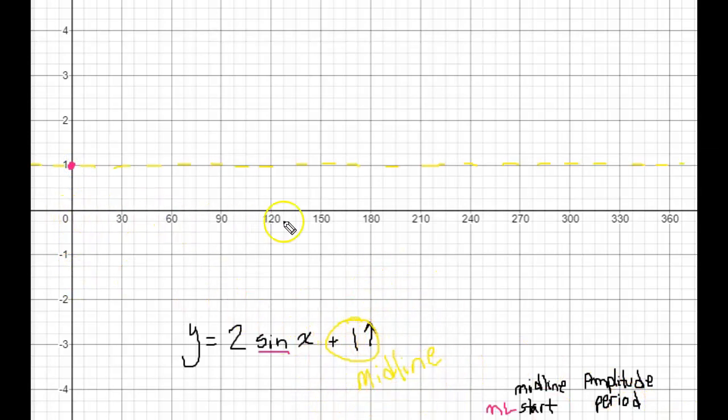Looking at my x-axis here, it definitely looks like it is marked in degrees. Since it's marked in degrees, I know that 1 full rotation around the circle is 360 degrees. So 360 degrees is right here. So I know that sine starts and ends right there on the midline.